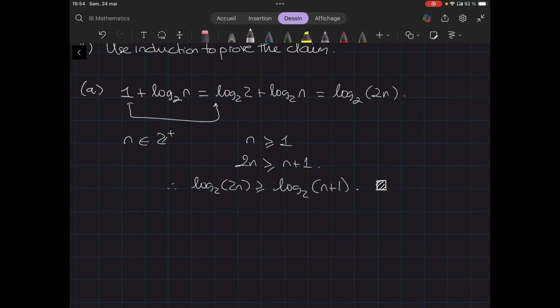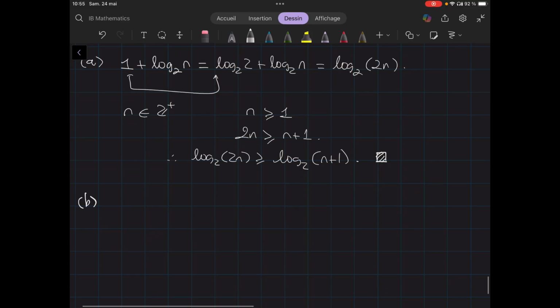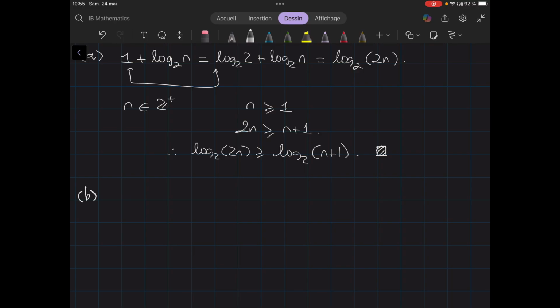The log function is increasing. Part B. Now we are asked to use mathematical induction to prove that Sima's claim is valid. So let's start with a base case.